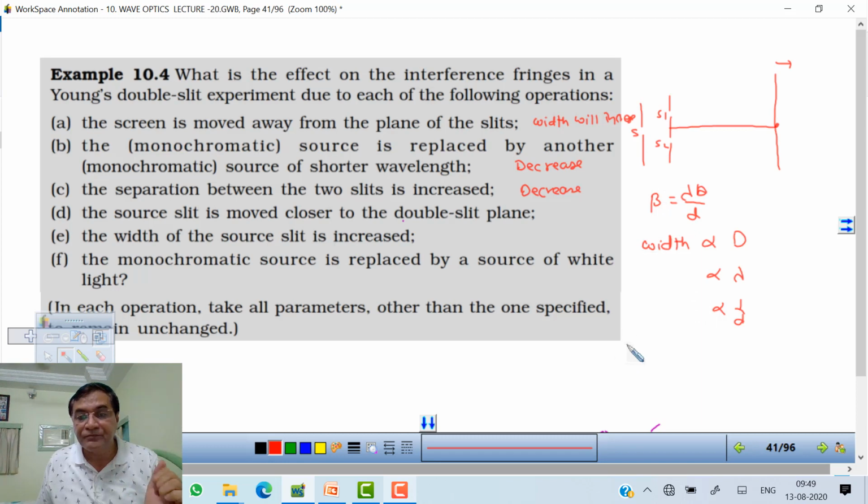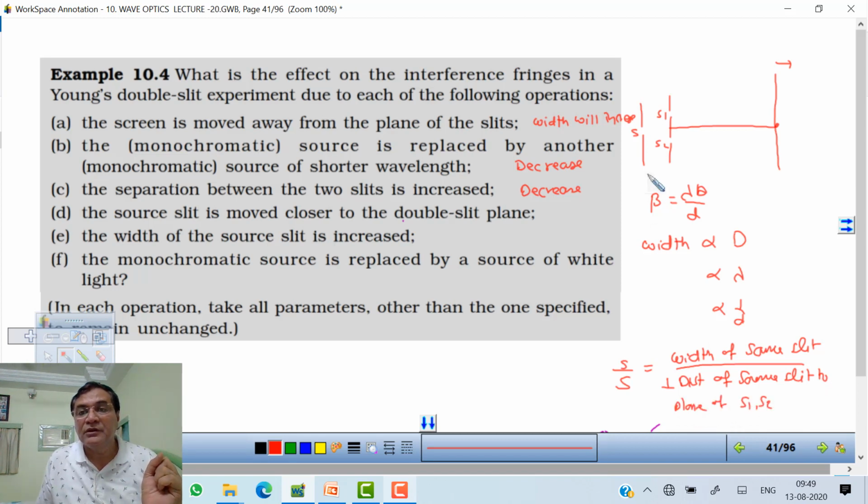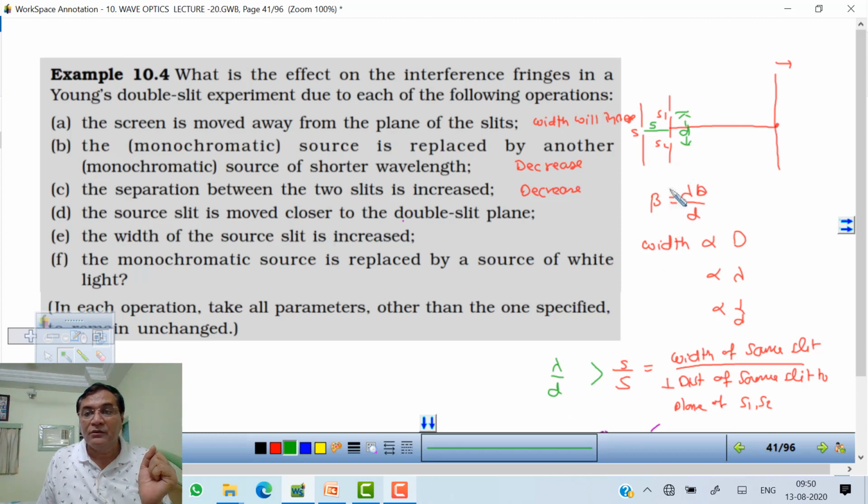Small s upon capital s, where small s is the width of the source slit and capital S is the perpendicular distance of the source slit to the plane of S1, S2, must be less than lambda upon d, where d is the separation between the two slits.